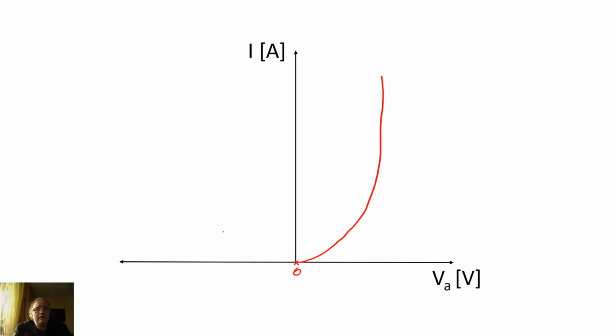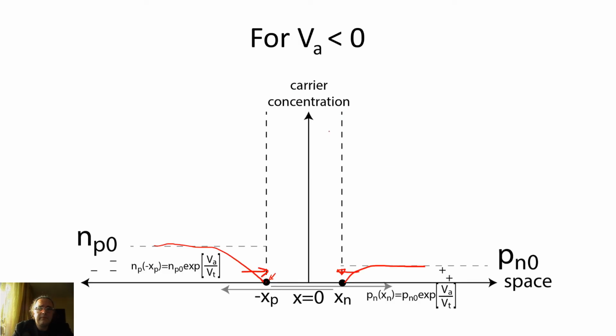Then here, the exponential function will continue in negative, but then it will eventually settle to a constant value, which is the negative reverse bias current. And it settles to a constant value because the concentrations cannot fall under 0.